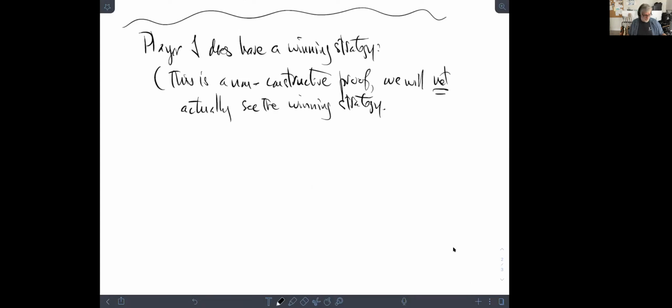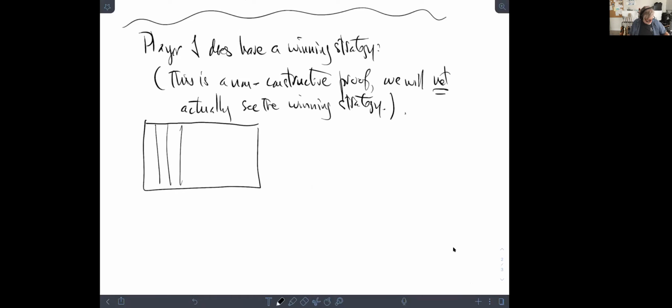Okay, good. So here's the argument. Okay, so I have a rectangle like this, and consider the following move by player one. Just choosing the bottom right cookie.